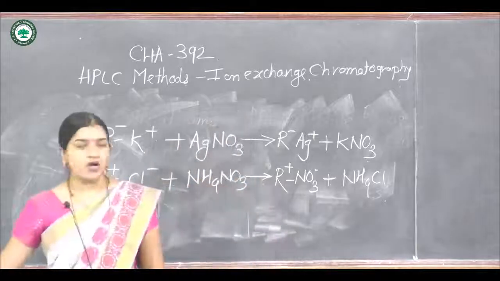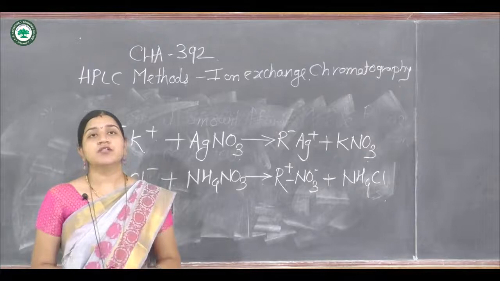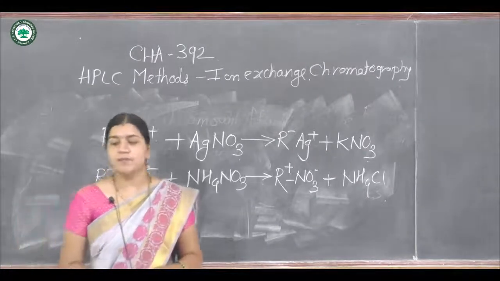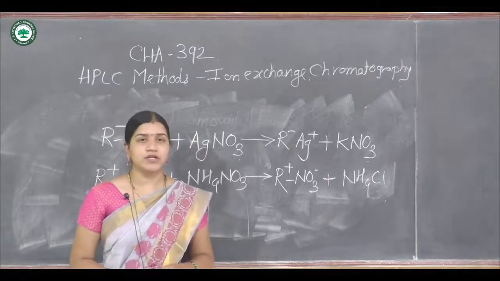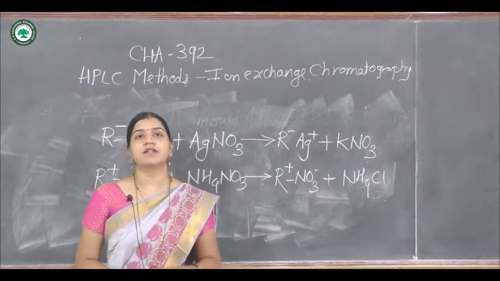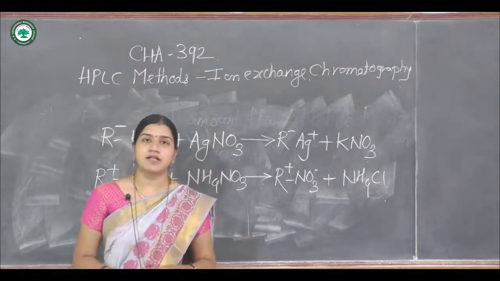So these are the common reactions or common examples. If a new counter ion is not preferred, then instead of using a counter ion, you will prefer the H plus ion or the OH minus ion as a starting point.